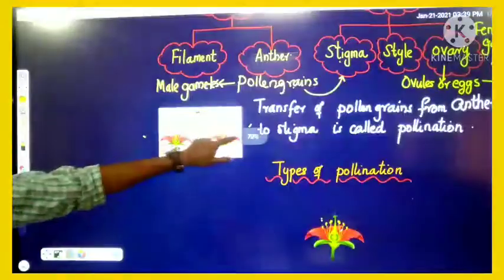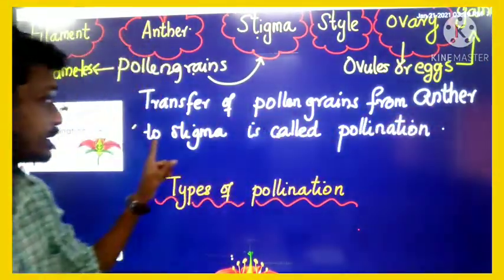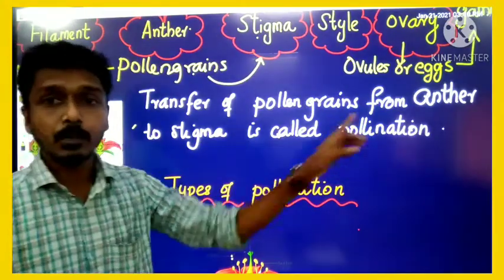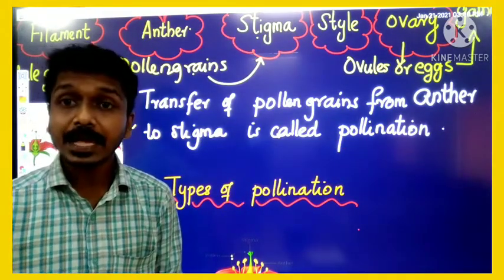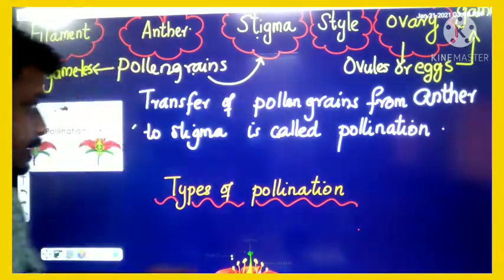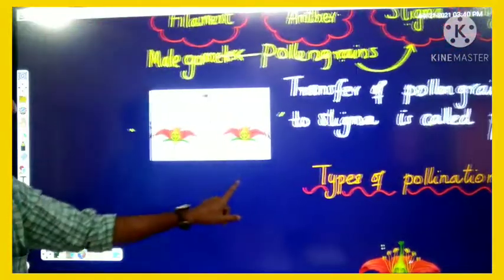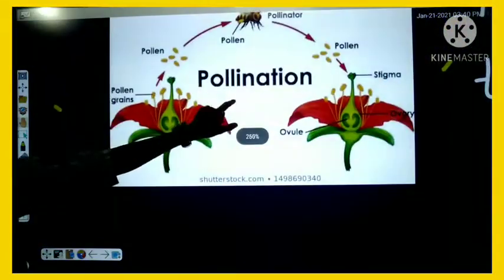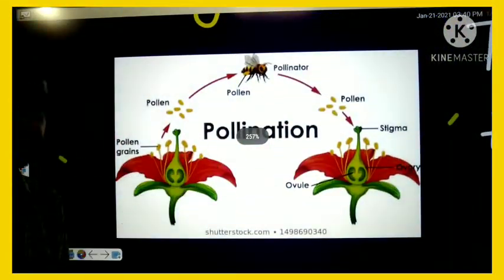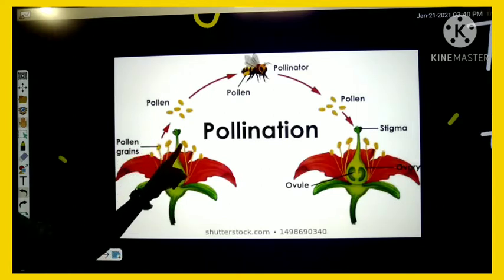So pollination means transfer of pollen grains from anther to stigma. Look again. Here is the anther on the stamen.